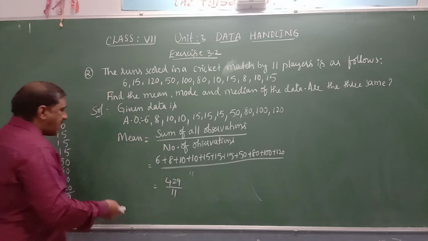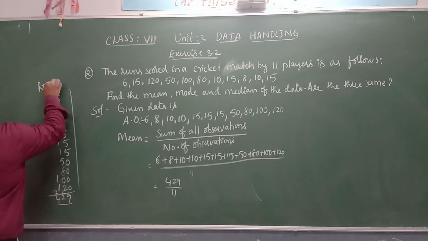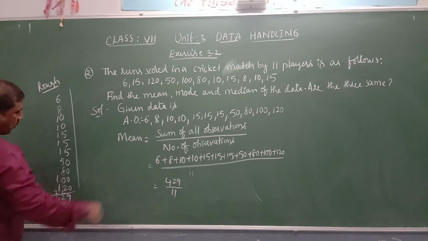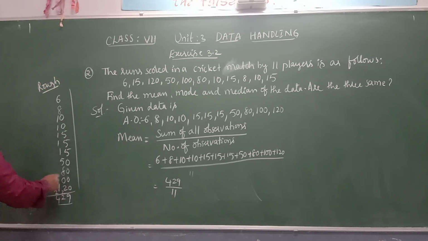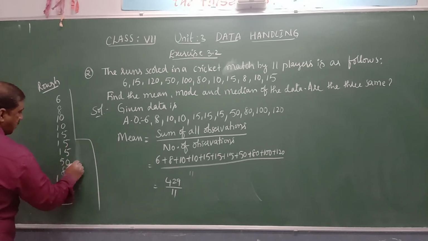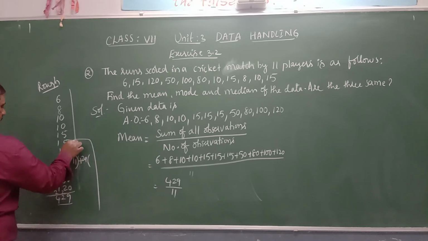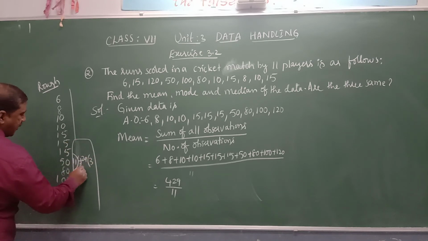So divide 429 by 11. When we divide 429 by 11, what do we get? 11 threes are 33.